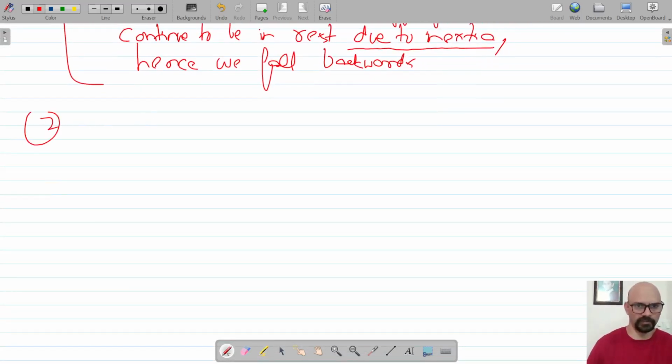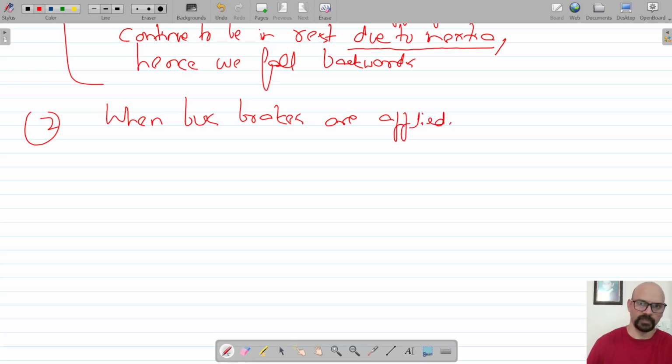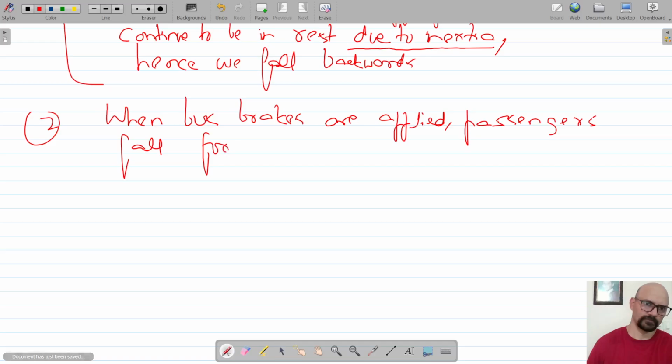And the second one is when car or bus brakes are applied, let's say the bus. So when the bus brakes are applied, passengers fall forward or get pushed forward. In this case, it's the same reason.